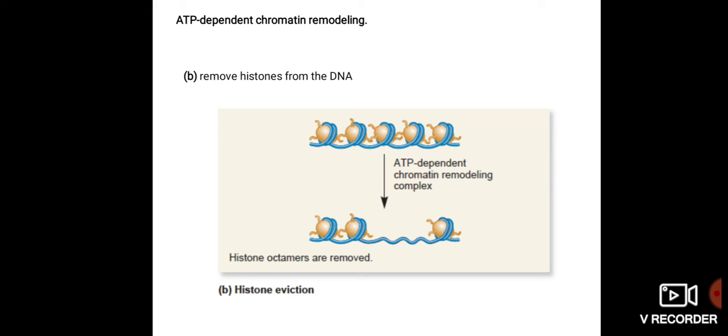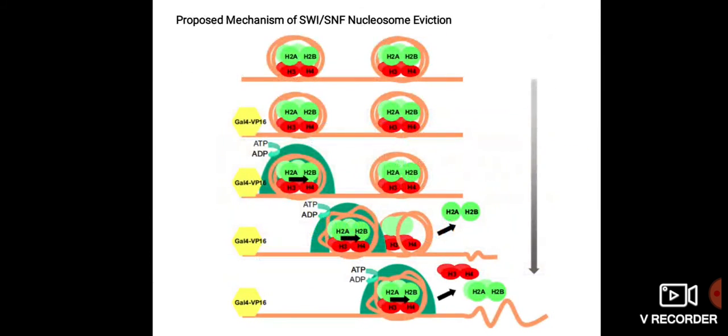There are other ways like removing the histone from the DNA, so you can see how it is going to set the DNA free by histone eviction. You can see how the process will take place, the proposed mechanism. So that's a nucleosomal structure. The Gal4-VP16 protein binds to the promoter region, calls upon modifiers, and then modifiers call upon the remodelers.